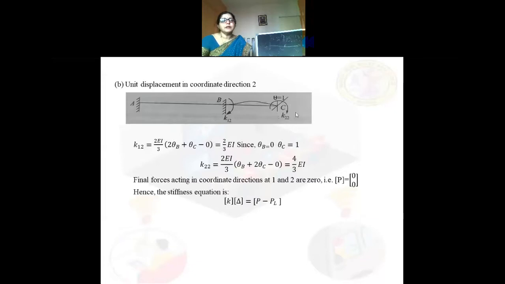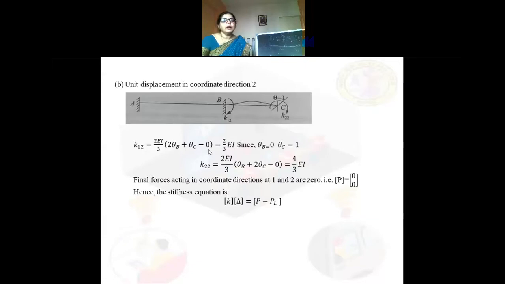So where is rotation happening? Rotation is happening at theta C. But I am at coordinate 1. So due to displacement at coordinate 2, what is the force developed at coordinate 1? So 2 EI by L. Now for B, far end is C, so 2 theta B plus theta C minus 0.